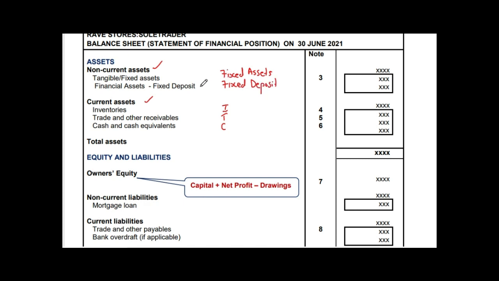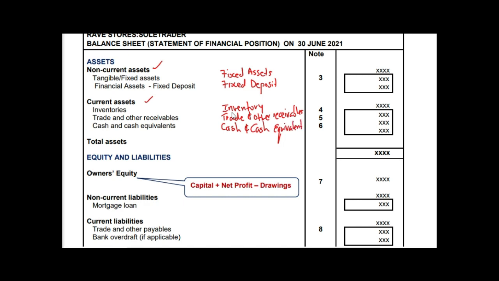And then guys, now we can come to our current asset. Under current asset, we have the first I, which is inventory. Then we are going to have inventories, and then trade and other receivables. And then we have our cash and cash equivalent.